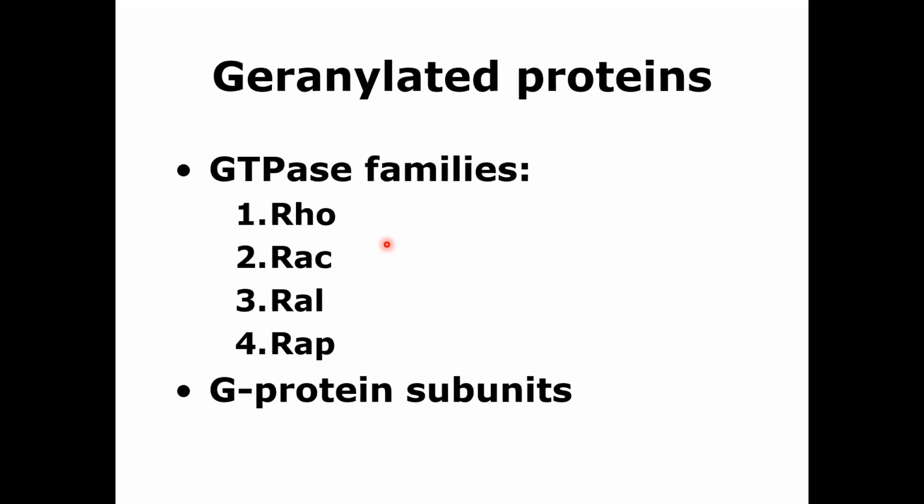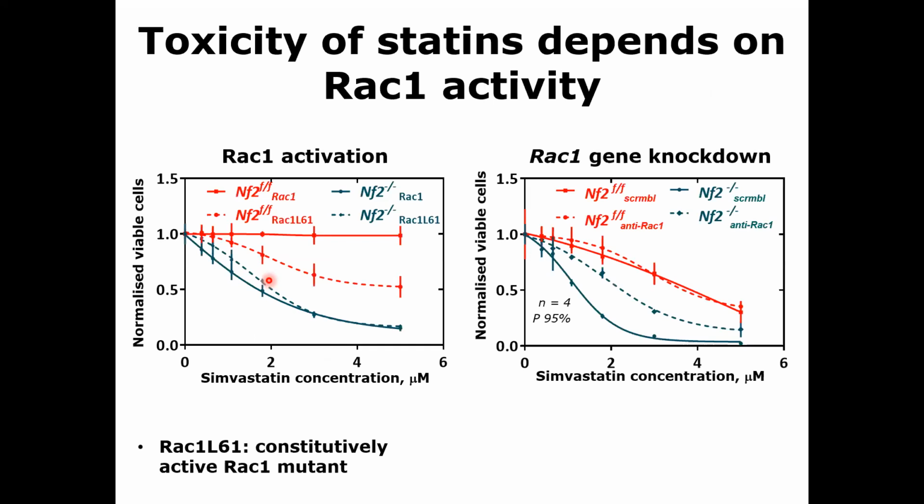Supposedly, knocking down such an enzyme would cause either the loss of sensitivity to statins or just the selective NF2 deficient cell death. But we decided to first start with the key groups of the geranylated proteins and see if we could find any peculiar things. And we were lucky enough to find those.